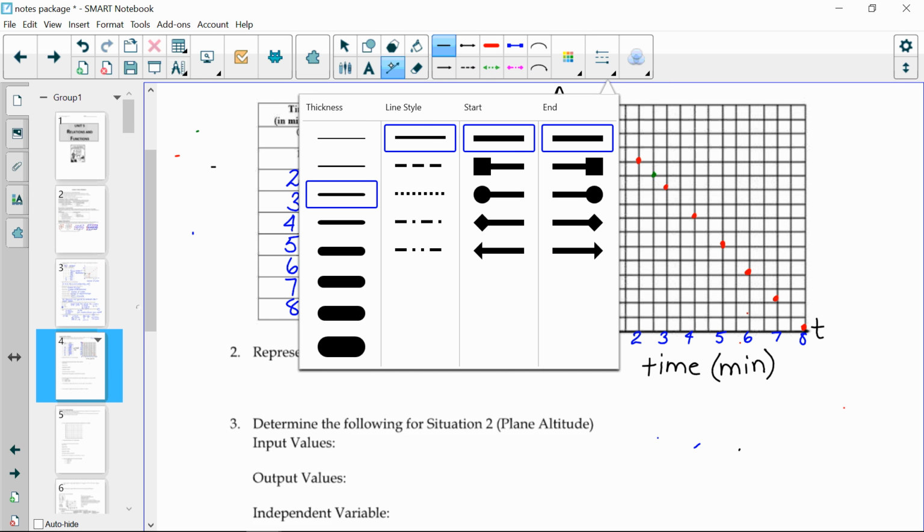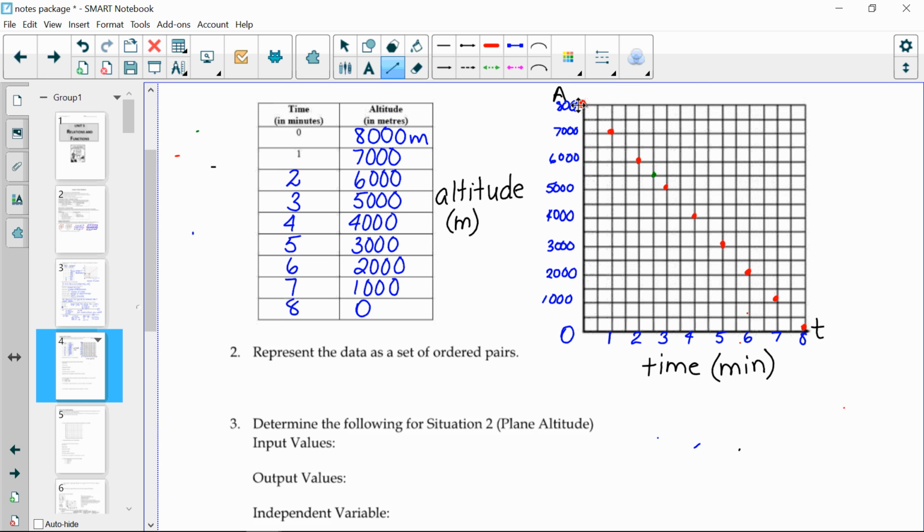So I'm going to use a straight line in red, and I'm going to join my points. So it's going to look something like that. The points in between definitely make sense.